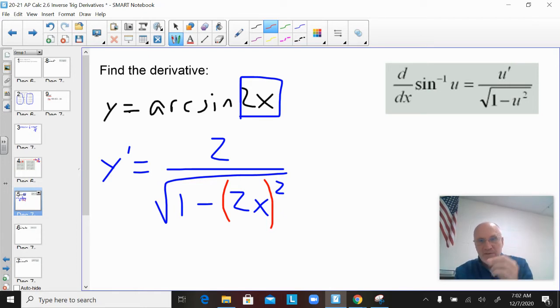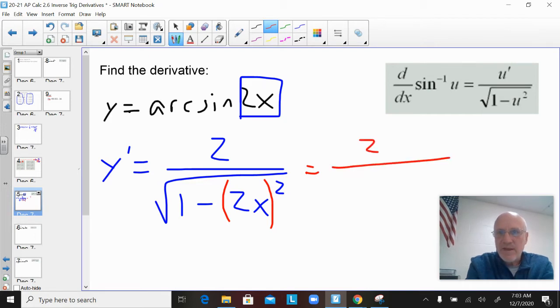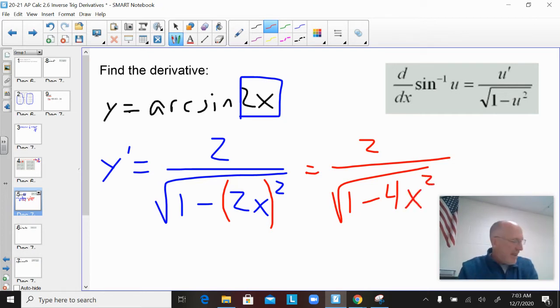So real easy parentheses to miss. And then the only thing I could do to clean that up, and not that you always have to clean these up, is 1 minus 4x squared. I think that is as cleaned up as that one gets. So just a real simple use, hopefully, of the inverse trig derivatives. So 1 down, 3 to go.